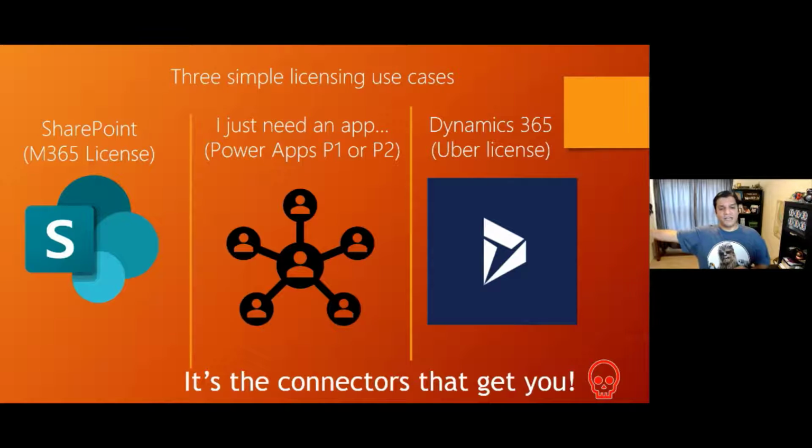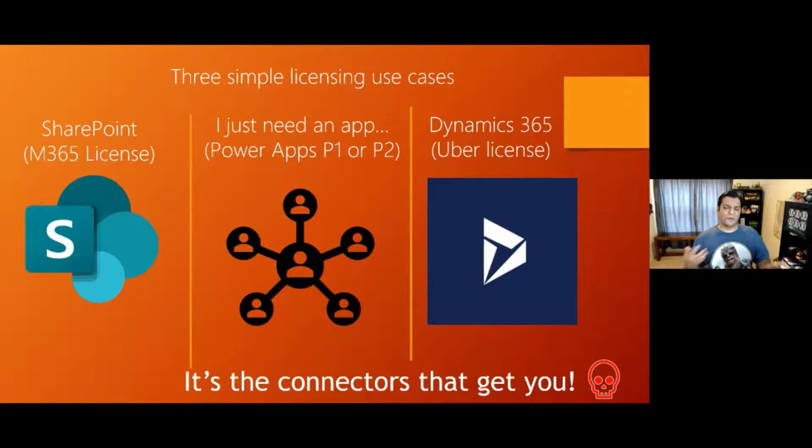If you're on the other side, if you're on Dynamics 365, that's like Uber-level access of licenses. Those people are usually safe in whatever situation and circumstances. But if you're in that in-between group, then yes, you will need at least a Power Apps plan 1 or plan 2. Now, it is per app based or user based.